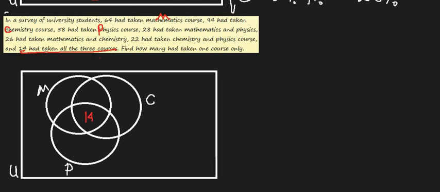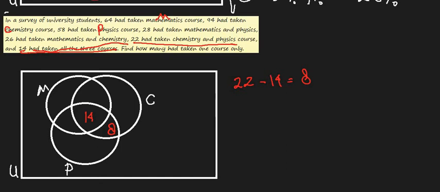Okay, and then we go backwards. 22 taken chemistry and physics. This intersection is 22, so we just 22 minus 14 over here, we have 8. So 8 students.